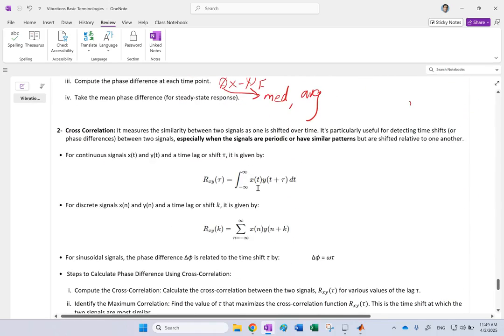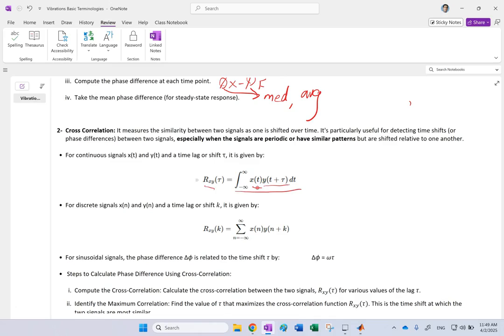The second method, as I said, is cross correlation. You pass signal X, you pass a time-shifted version of signal Y, and you integrate the product over the entire time range. That is the cross correlation between signal X and Y for a time delay of tau.